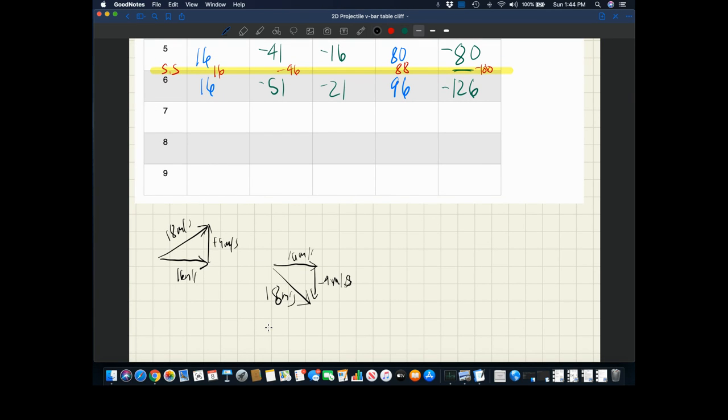But then it's down near the ground upon impact, and we still have the same 16 meters per second. But upon impact, we now have a vertical velocity of minus 46 meters per second.